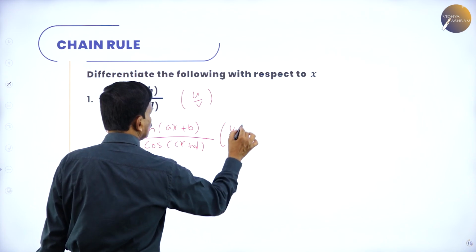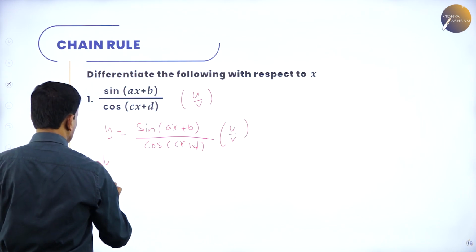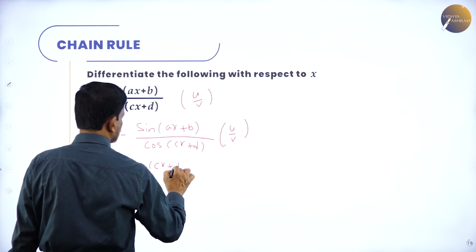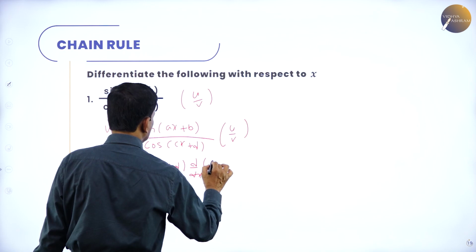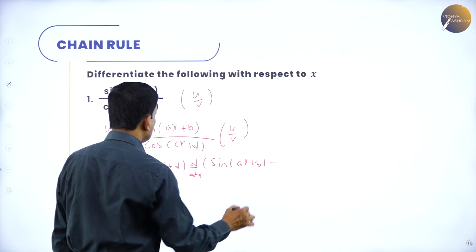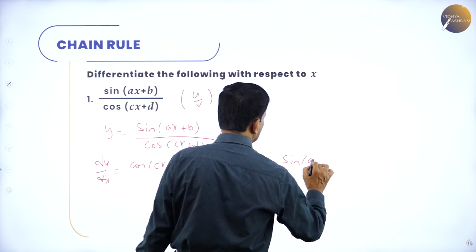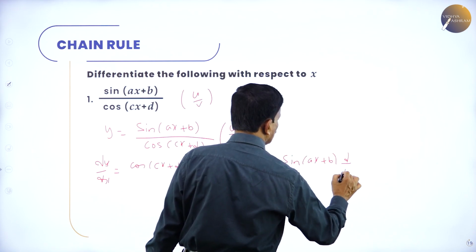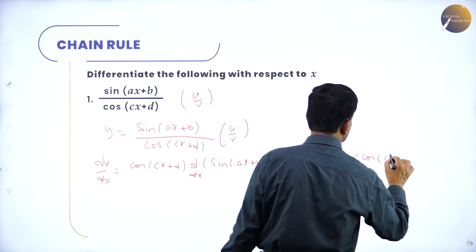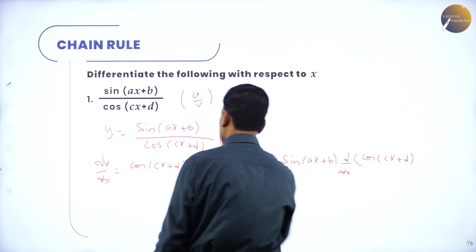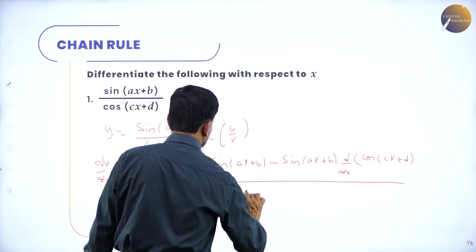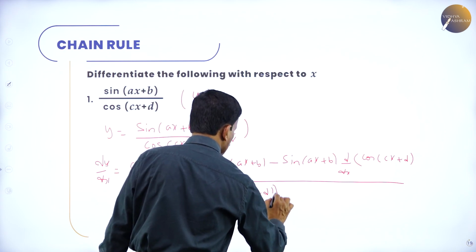This is u by v. dy by dx is equal to the denominator, cos of (cx plus d), into d by dx of the numerator sin of (ax plus b), minus the numerator sin of (ax plus b) into d by dx of the denominator cos of (cx plus d), divided by the denominator square. What is the denominator square? We have cos of (cx plus d) whole square.